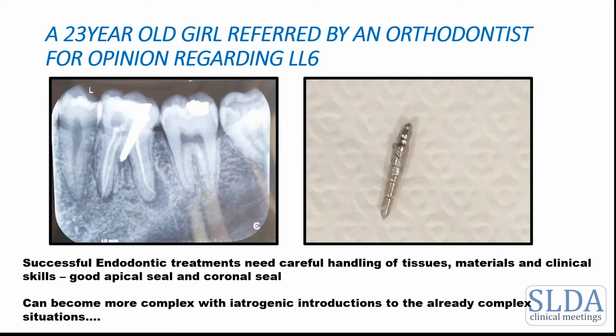You can see that the post ended up in the furcal region, with unsatisfactory root canal treatment and 2 lesions on both roots. After removal of the post, you can see it was a very large post. So MTA repair of the perforation and re-root canal treatment was done in order to improve the prognosis of the tooth.